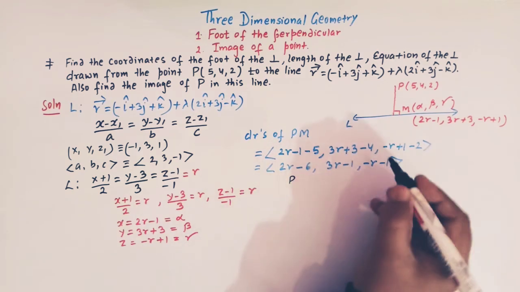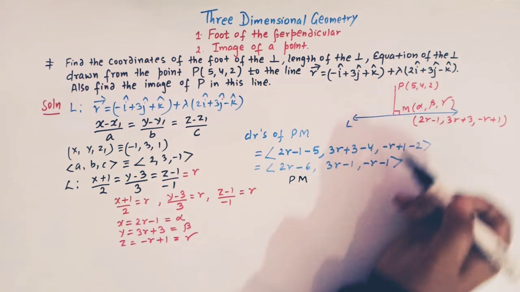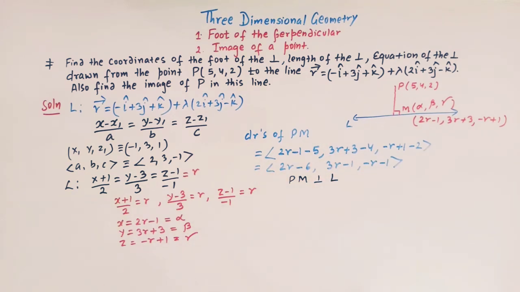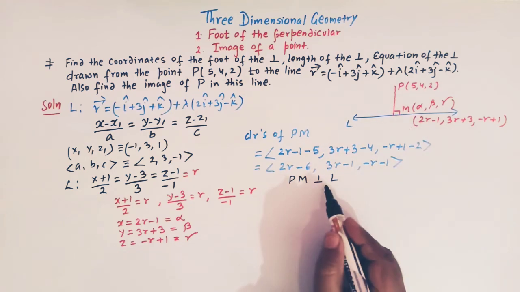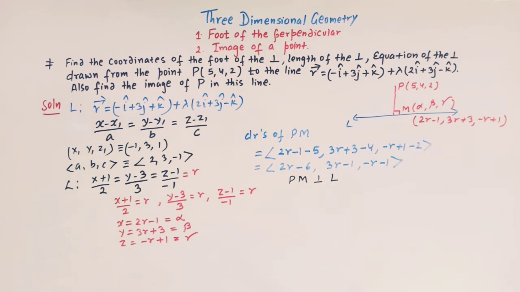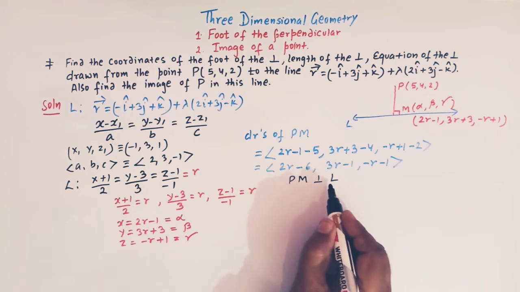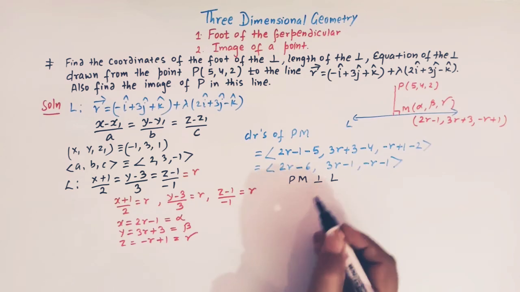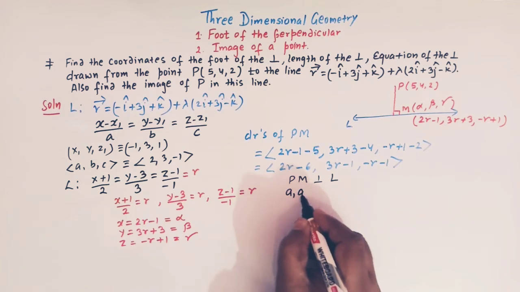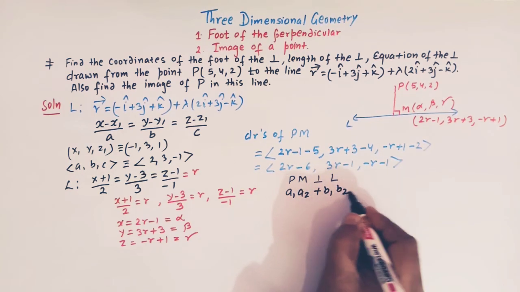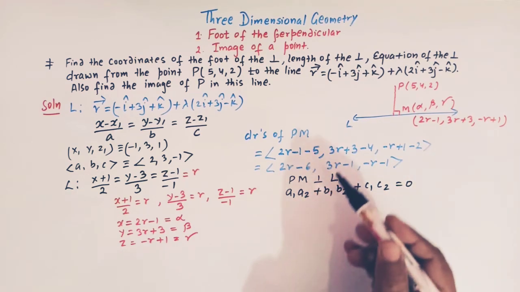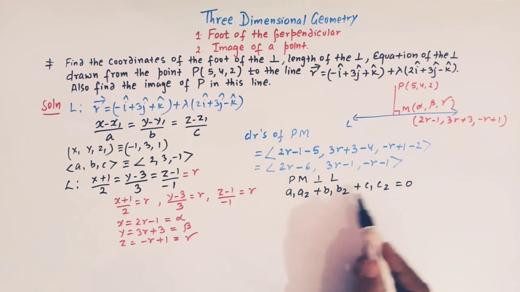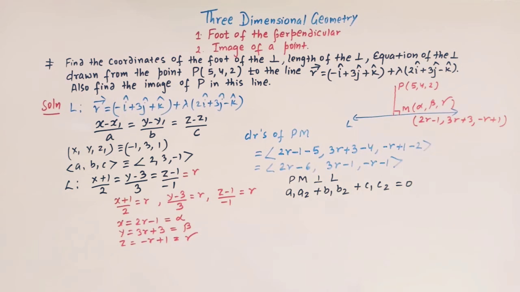Now we see that the line PM is perpendicular to the given line L, right? Because we have to find the foot of the perpendicular, so obviously this line PM is perpendicular to the given line L. And we know that if two lines are perpendicular, then we have the condition a1 a2 plus b1 b2 plus c1 c2 is equal to 0, the sum of the products of the DRs is equal to 0, right?